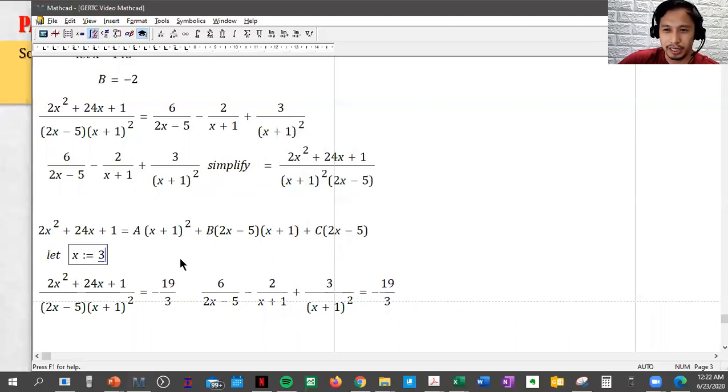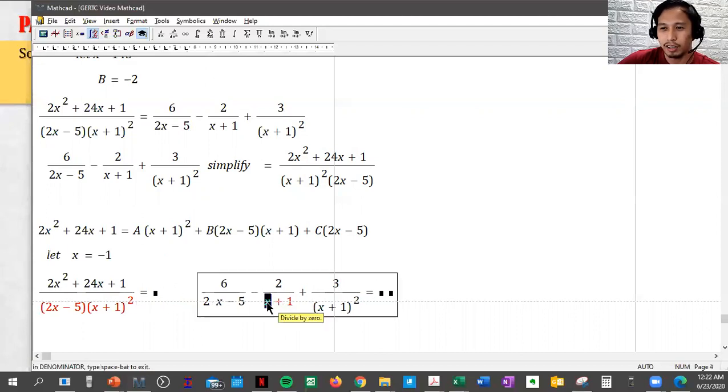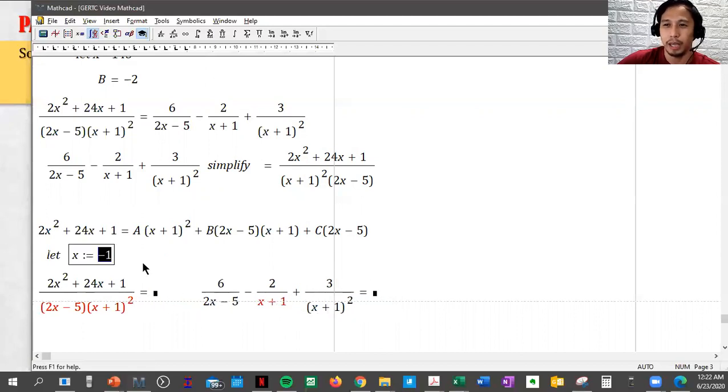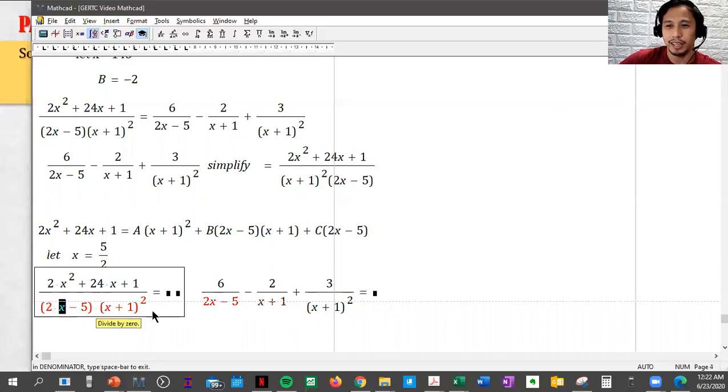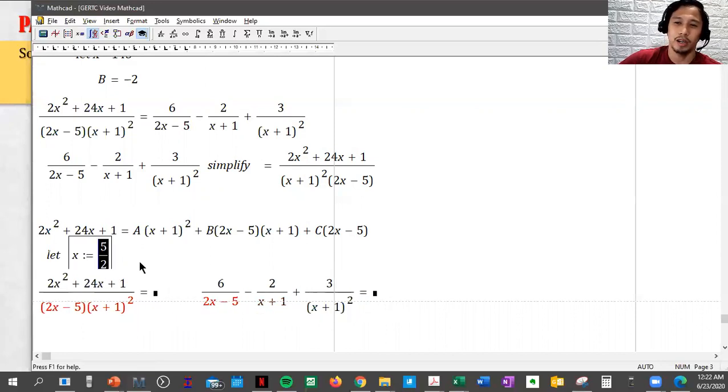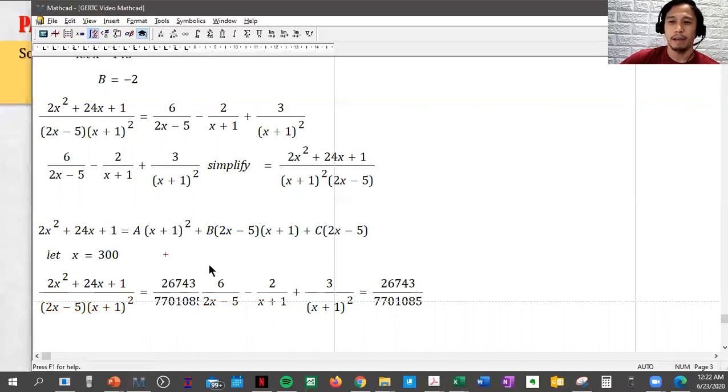If I make this 3, the same. But this can't be negative 1, because if I make it negative 1, there's a math error. So it's not part of the domain. If I make this 5 halves, still a math error, because the denominator became 0. But anything else works, so that they are the same. So that's what identity means.